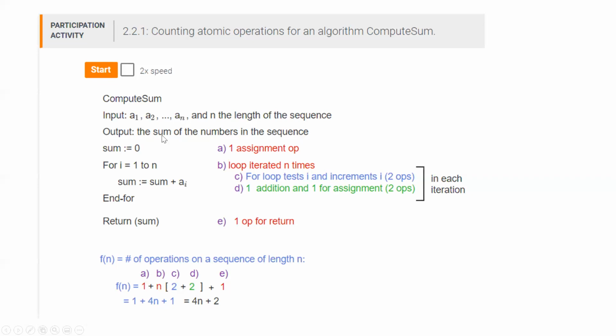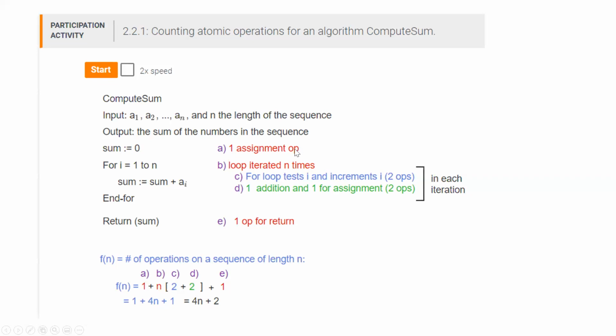Now let's figure out how many atomic operations there are. Atomic means we try to split them down to say, this would be worth 1, this would be worth 2 because it's doing 2 things, or it's just doing 1 in the other case. So first of all, let's start at the very top. Sum equals 0. That's an assignment statement, so that's 1 atomic operation.